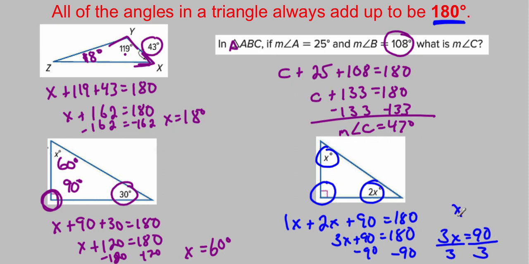And then, of course, x is equal to 30 degrees. Of course, you can do a better job of showing your work. I just kind of ran out of room there. But then don't forget to go back and put those measurements in. So x is 30 degrees. 2x would be 60 degrees. And we know that this right angle was 90 degrees. So all three angles in a triangle always add up to be 180 degrees.